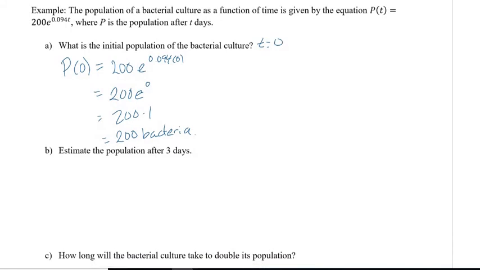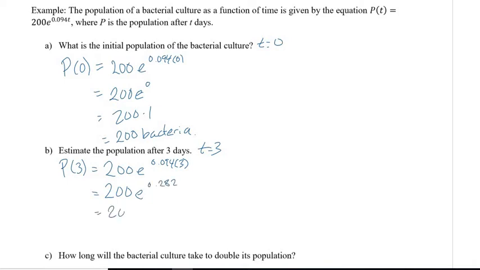So we're going to estimate the population after 3 days. So that's going to be t equals 3. That's going to be the population, so P of 3. And that's going to be 200 times e to the 0.094 times 3, or 200 times e to the 0.282.